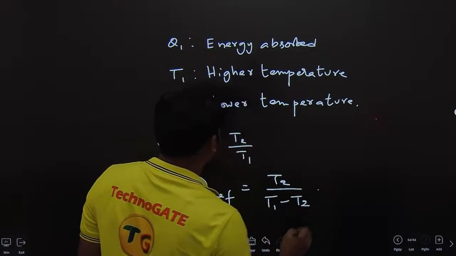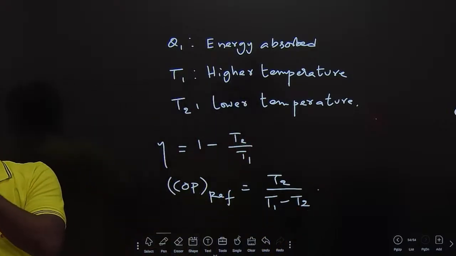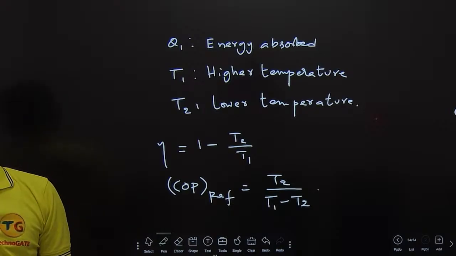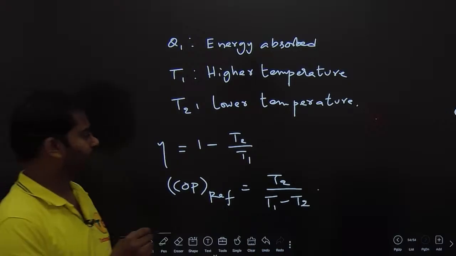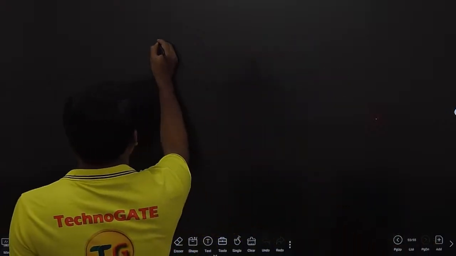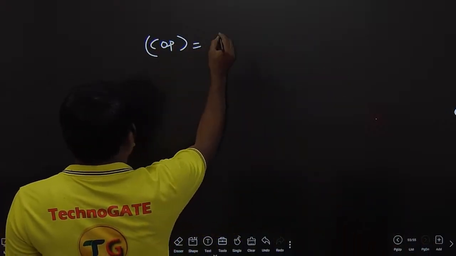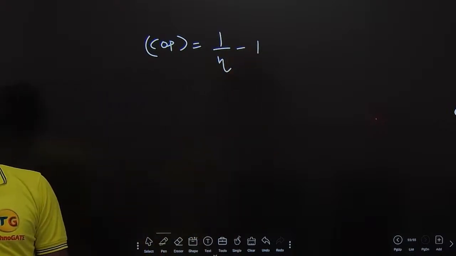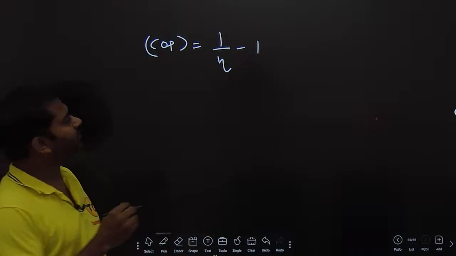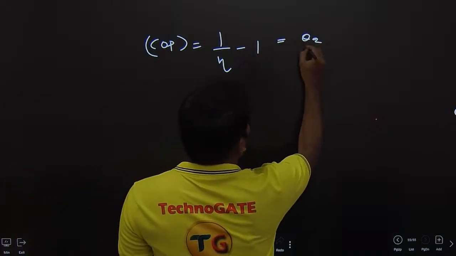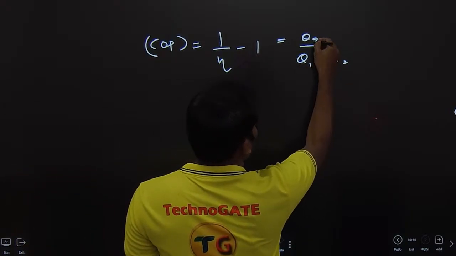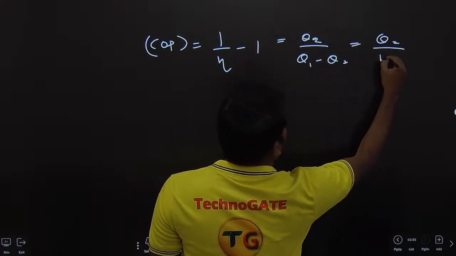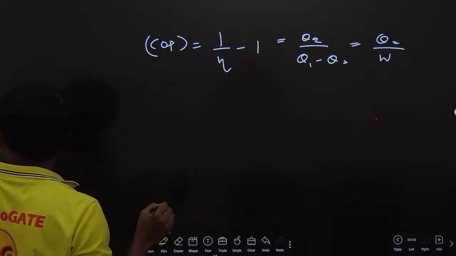So eventually you will get the relationship using both of them. COP is equal to 1 by eta minus 1, which is nothing but Q2 by Q1 minus Q2. Q2 is the heat at the other end. So Q2 by W, which is the work done.